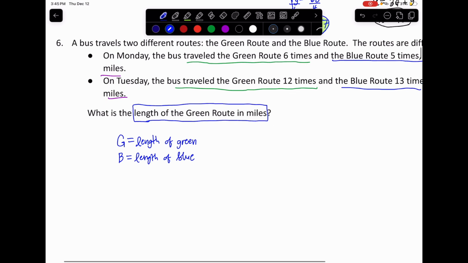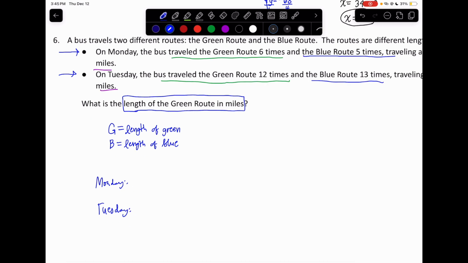All right, so this is broken up really nicely for me. I've got one equation for Monday, one equation for Tuesday. So on Monday, the bus traveled the green route 6 times. So how long will that be altogether? Well, I don't know, because I don't know how long the green route is. But I know that however long it is, which is G, I'm going to be traveling it 6 times.